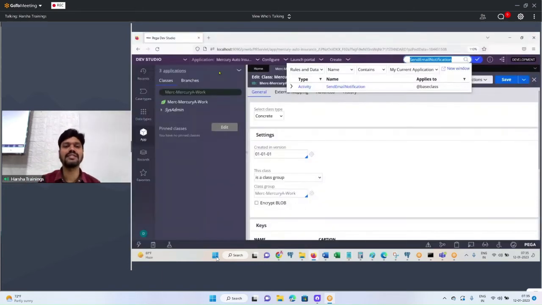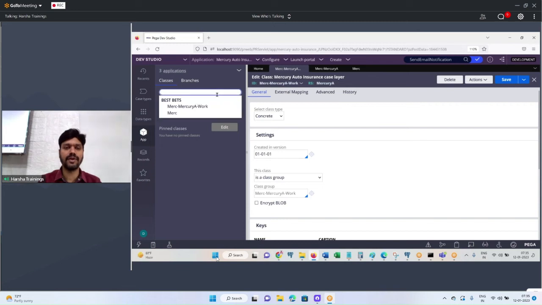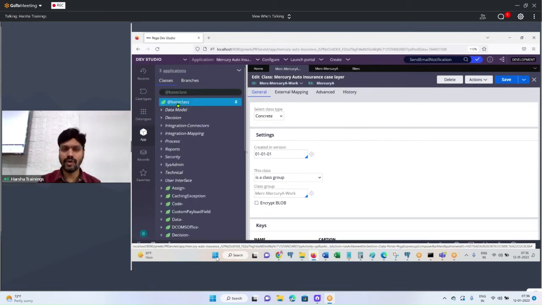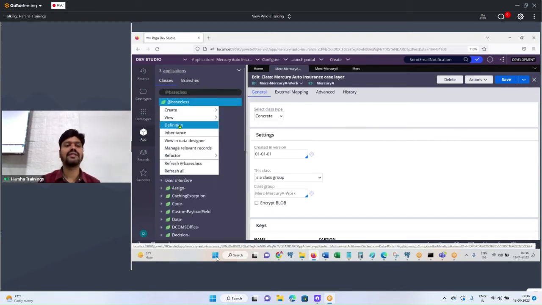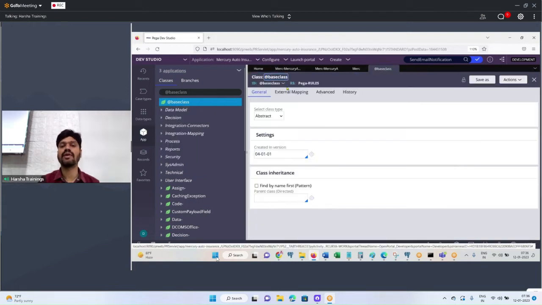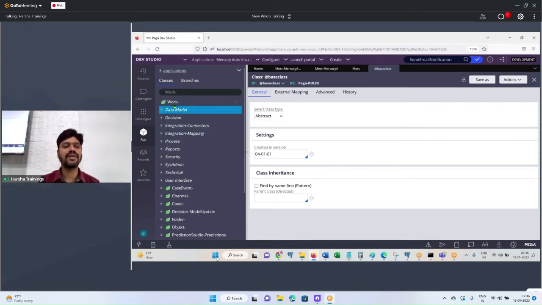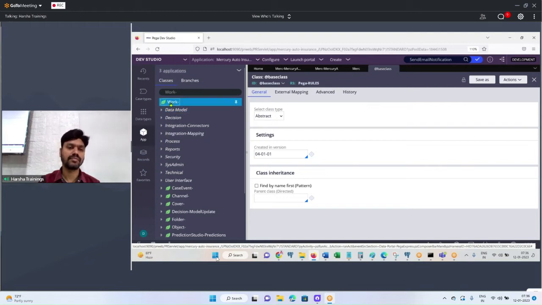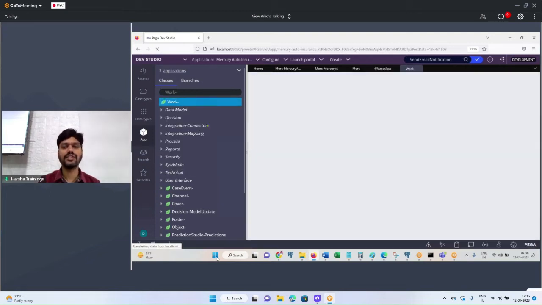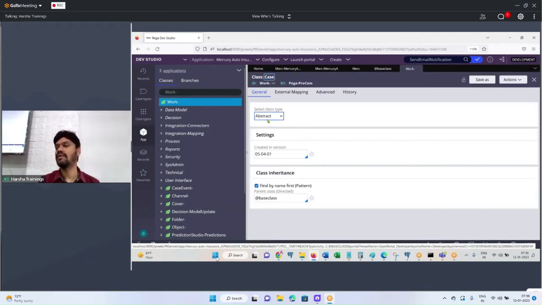You want to see these classes, you can do it like this, just for your information. @base class, you type, it will come here because everything can be accessed from here, classes. You want to see its type, right click on this definition. Then you see what is the type of the class. Go to work dash, that is an OOTB class. What is its type of the class? Definition. What is its type?